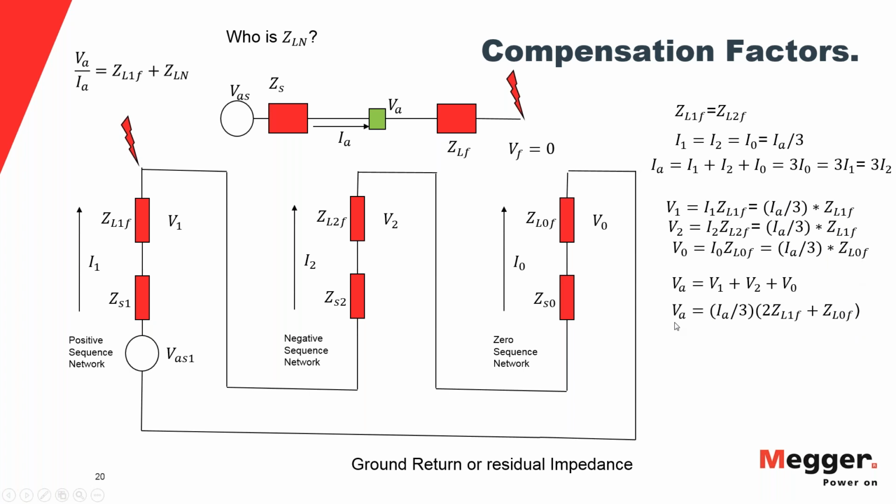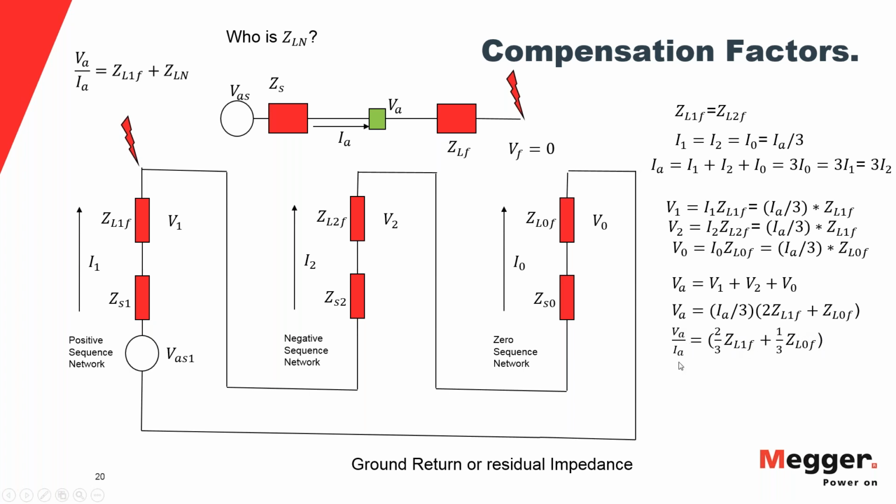This equation comes from simply putting these three in here and doing some rearrangement. Now we can divide VA by IA, leaving this 1/3 on this side of the equation, and we have 2/3 of the positive sequence impedance plus 1/3 of the zero sequence impedance.